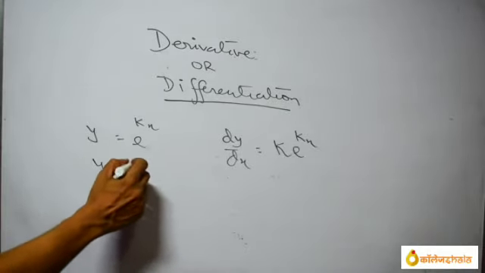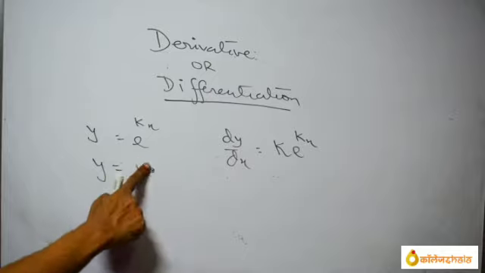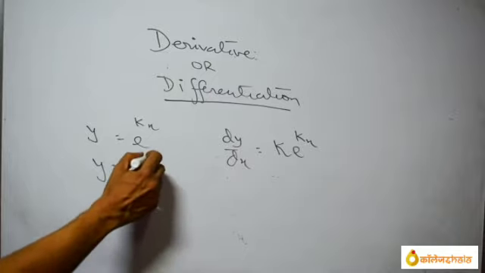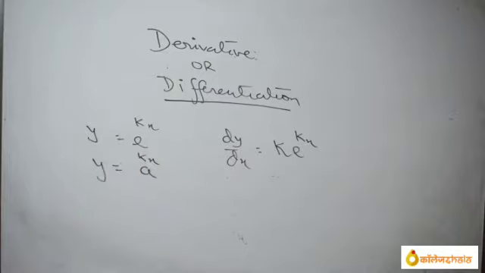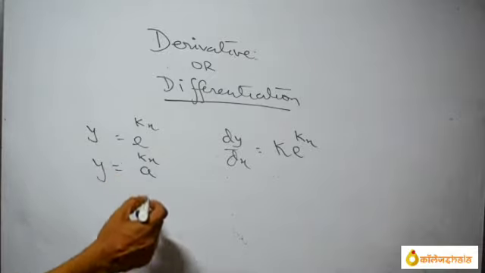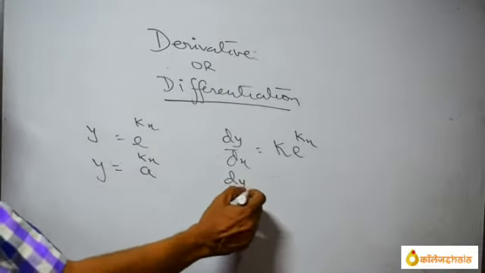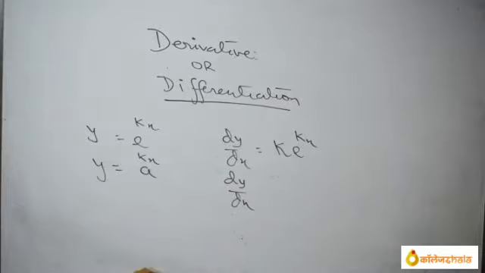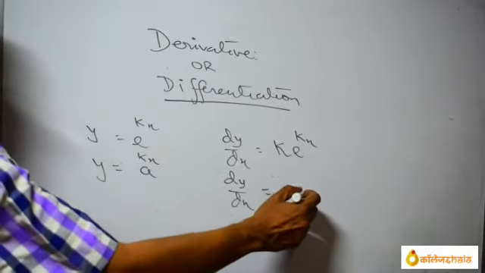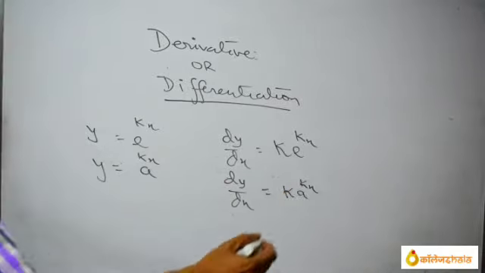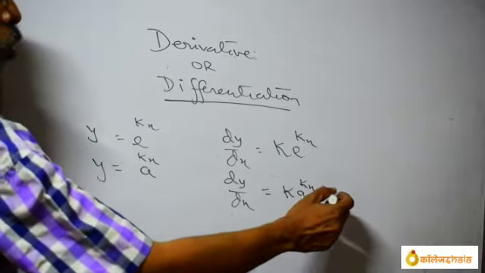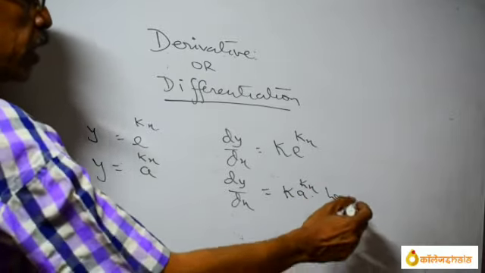Now if y is a to the power kx, where a is any fixed number other than e, since e is a special number in mathematics, then the result will be k a to the power kx into log a to the base e.